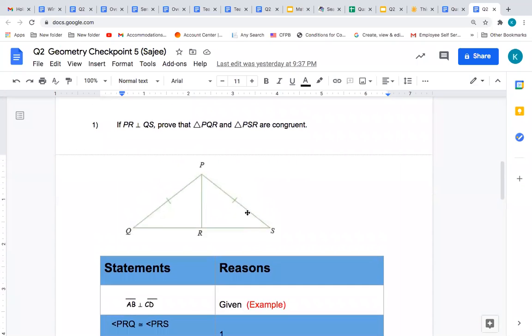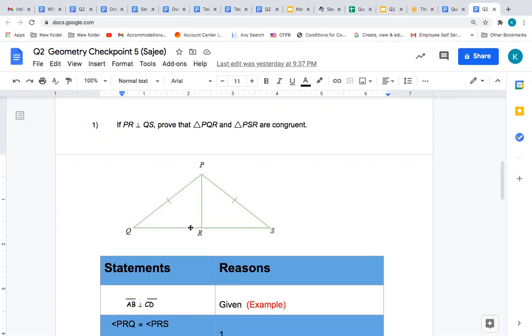Now, that is not the point. In here, they gave you PR is perpendicular to QS. So QS is this line segment and PR is this line segment. What does perpendicular mean?